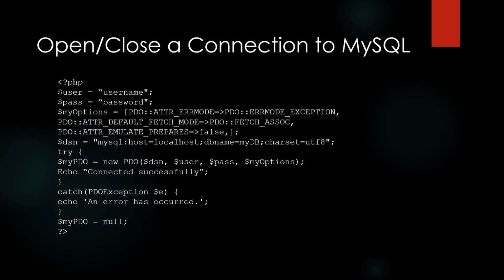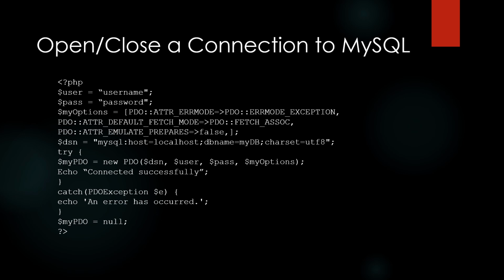The DSN is a semicolon delimited string that consists of parameter equals value pairs, and that begins with the driver name and a colon. We're going to be wrapping the creation of the PDO instance in a try catch statement in order to be aware of any possible errors, but without the risk of revealing the database credentials.